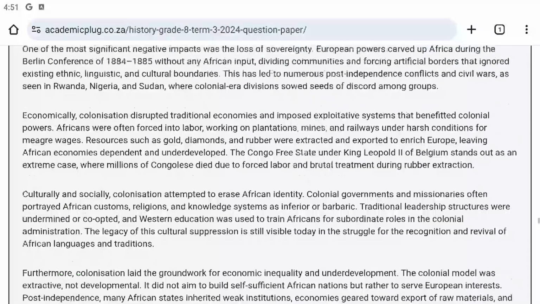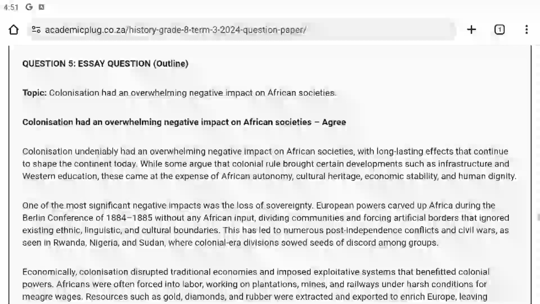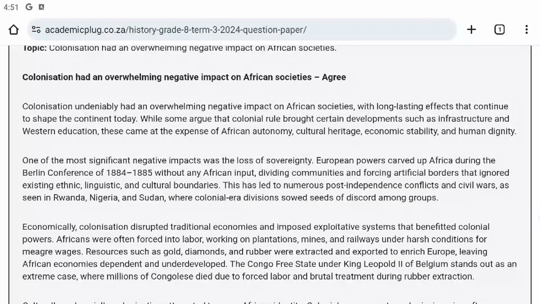Let's read the first paragraph. Then I'll show you what I'm talking about. Colonization undeniably had an overwhelming negative impact on African societies with long-lasting effects that continue to shape the continent today.